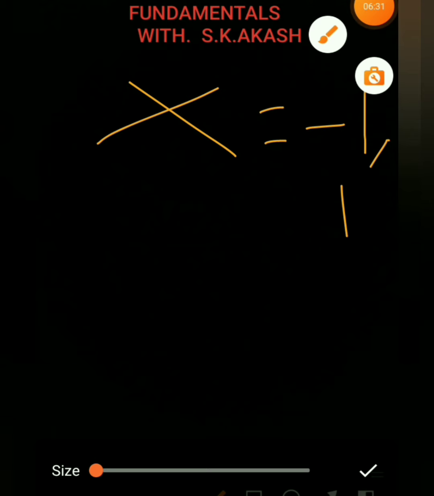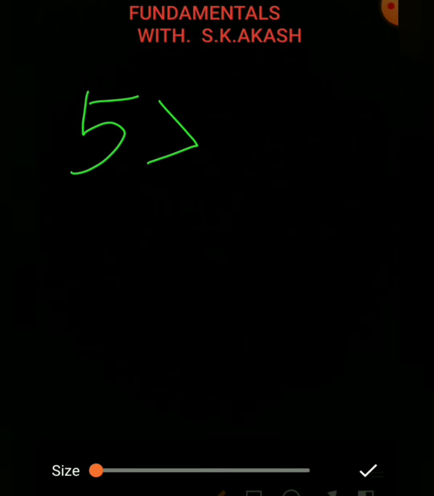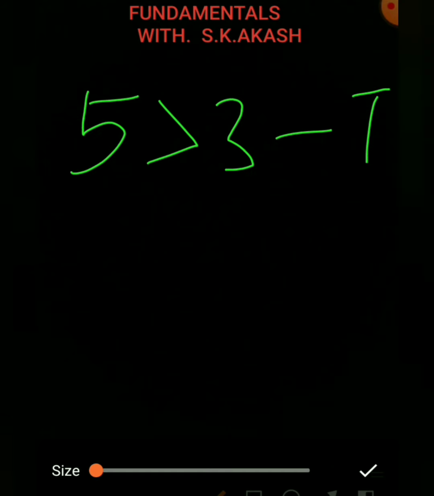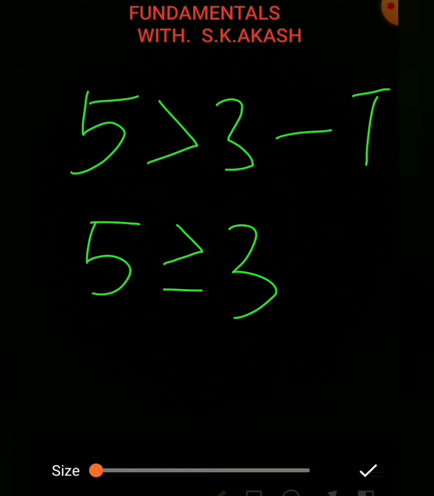Okay. For thorough understanding of this fundamental, let us make one example clearly. 5 is greater than 3. Is it true? It is true. Correct. Then another: if 5 is greater than or equal to 3, is it true or false?